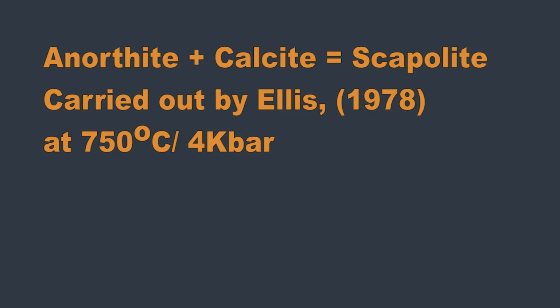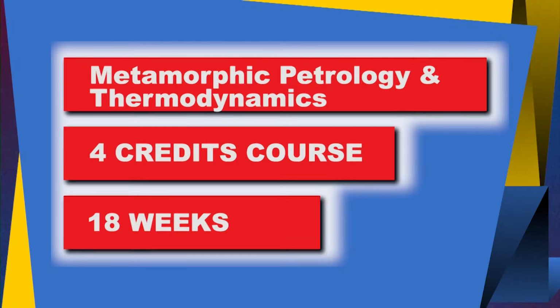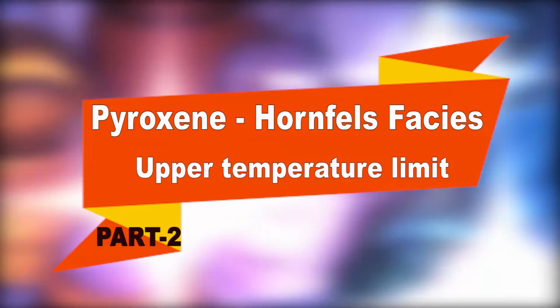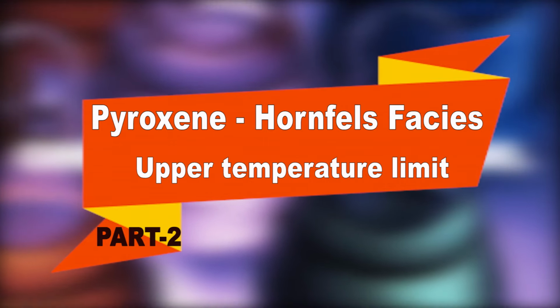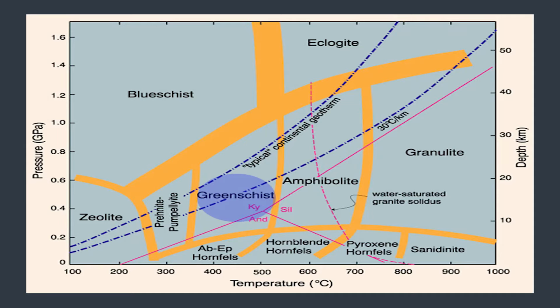Anorthite plus calcite gives rise to scapolite, carried out by Ellis in 1978 at 750 degrees centigrade, 4 kilobar. The upper temperature limit does not exceed 800 to 850 degrees centigrade.